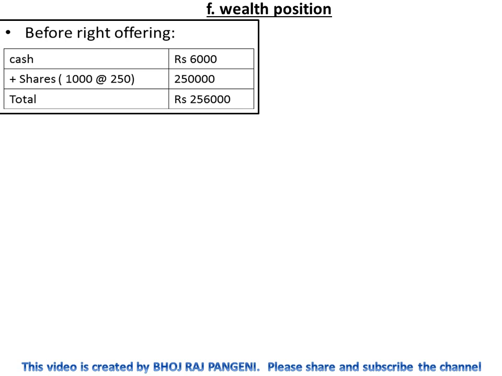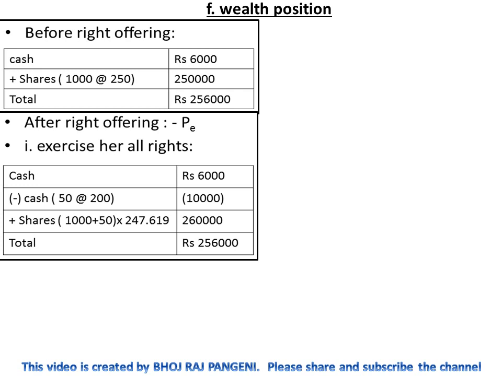And after the rights offering, what happens to the wealth position? After the rights offering, always use the market price as PE, the ex-right price, because it is the after-rights-offering price. First, she exercises all her rights. Exercise means she purchases new common stock from the company at the subscription price by her rights.